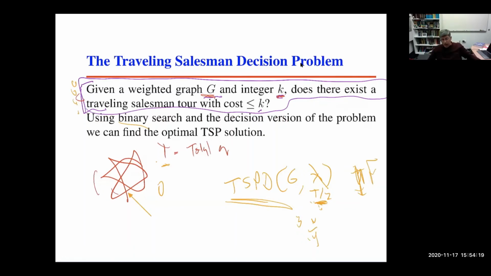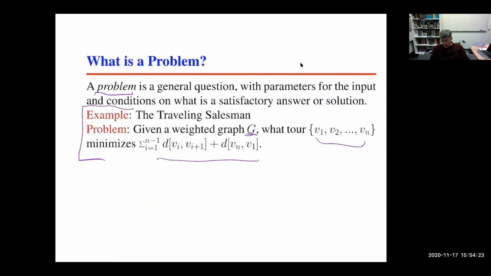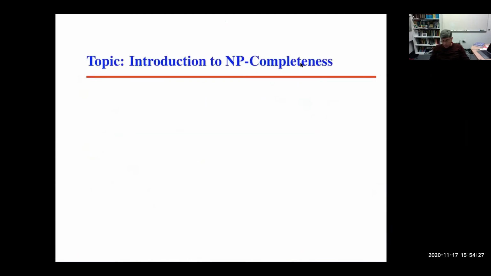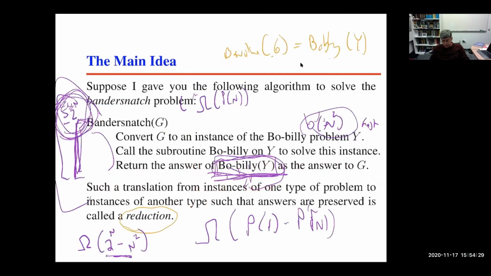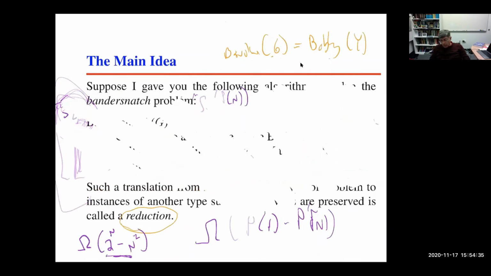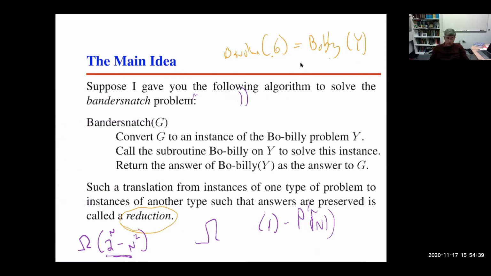Why am I going to care about decision problems? Let's see if we can figure this out now. Let's go back to Bandersnatch and mobility. We're going to see these slides over and over again. What do yes-no decision problems have to do with this algorithm? Bandersnatch is an algorithm problem.